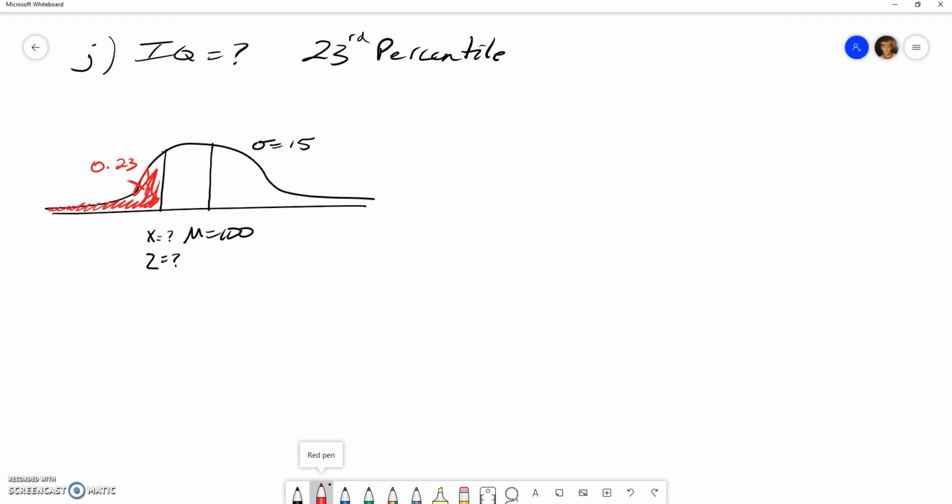When we find the area, or when we find that Z value, the normal distribution table always goes from the middle outwards. So we need this area in here.